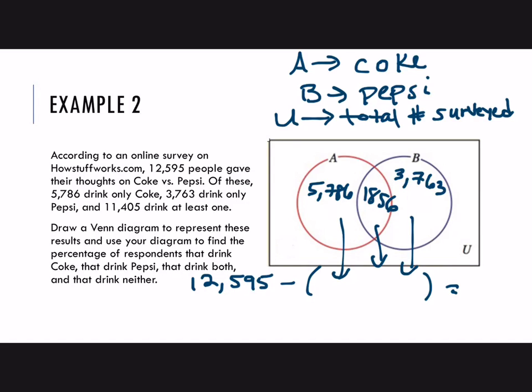Actually, is there a shortcut here? We already know, save yourself some work here. We're really just wanting to add these up and then subtract, and we already know the total there. So I think it's even easier than I tried to make this. Okay, so do that subtraction. And I think that leaves you with 1,190 people who don't drink either beverage.